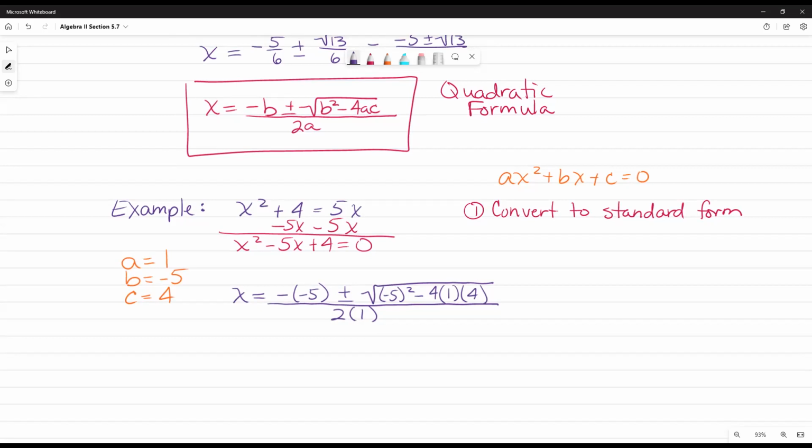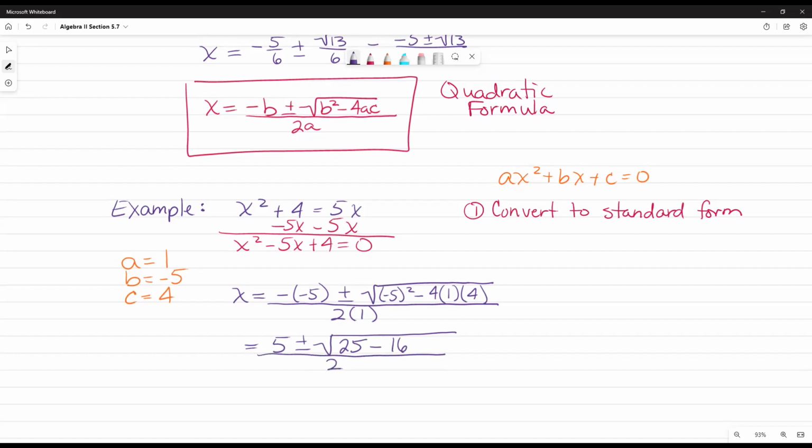So now we just simplify. So negative 5 becomes 5 plus or minus, keep that square root. What's negative 5 squared? Positive or negative? Positive, yes. 25 minus 4 times 1 times 4? 16.